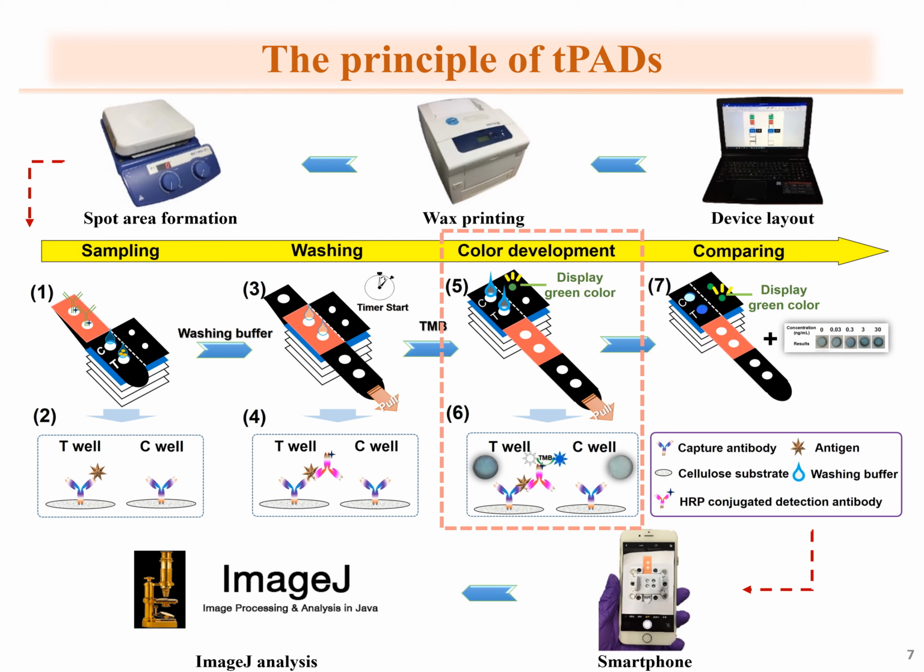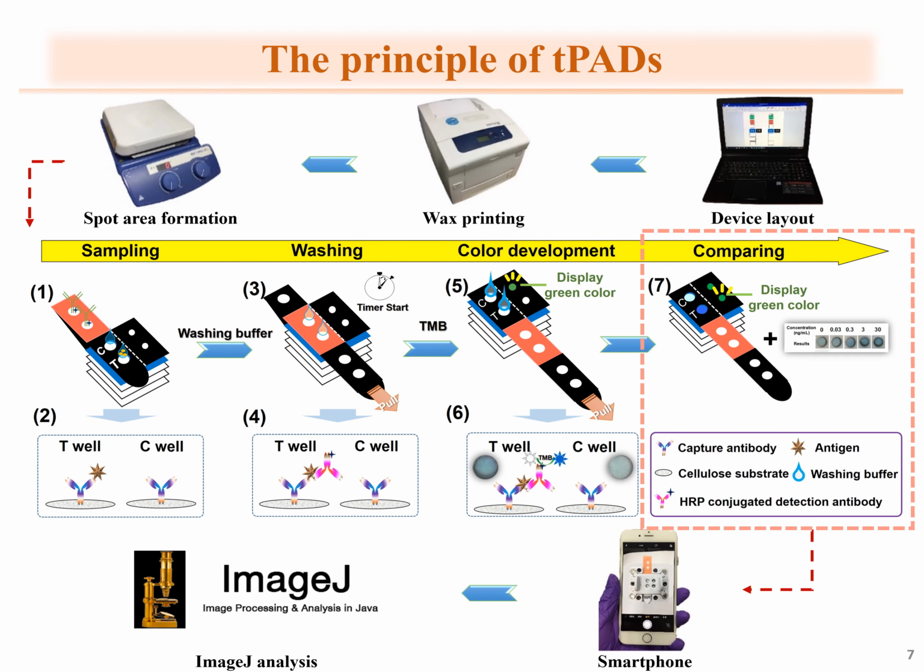As a result, when the biomarker is present, the T well will display a dark blue color due to the reaction between the TMB solution and HRP tag on the detection antibody, while the C well will display a light blue color due to the reaction between TMB solution and HRP conjugate on the residual detection antibody that physically absorbed on the C well.